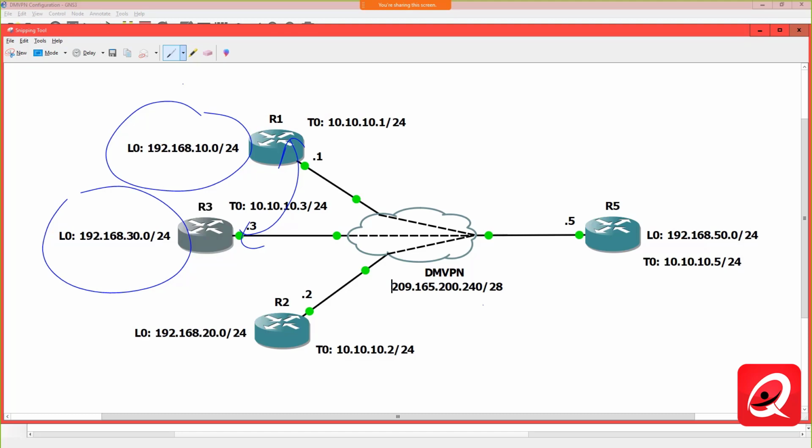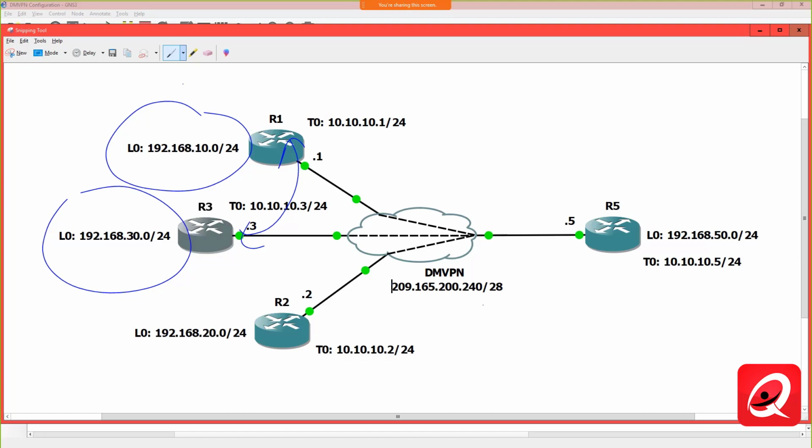And the next hop IP address, we'll take a look at this as part of our configuration. But the next hop IP address for those destination prefixes is actually going to reference the hub in a lot of cases. It will change depending on the DMVPN process, right? Or the phase that we're using. But for the most part, we're going to point to the hub.